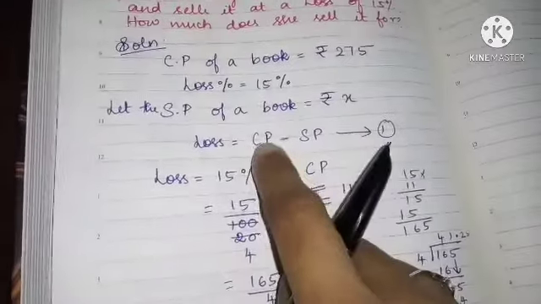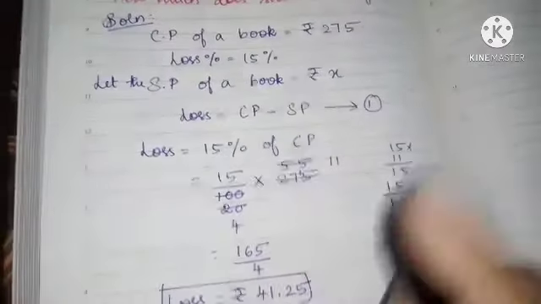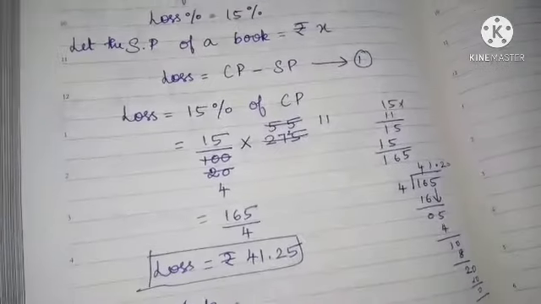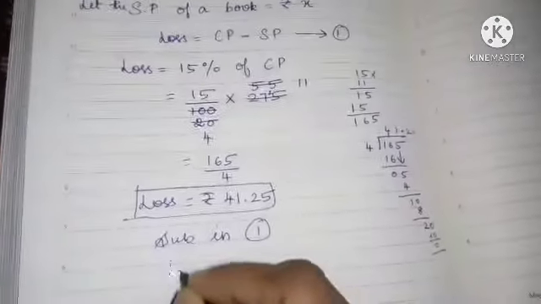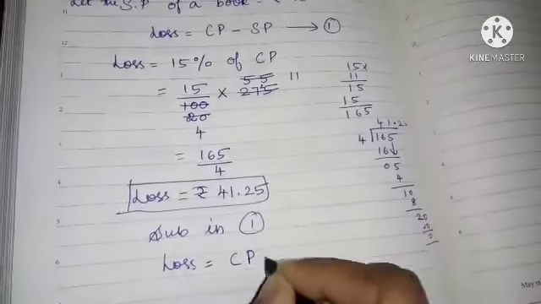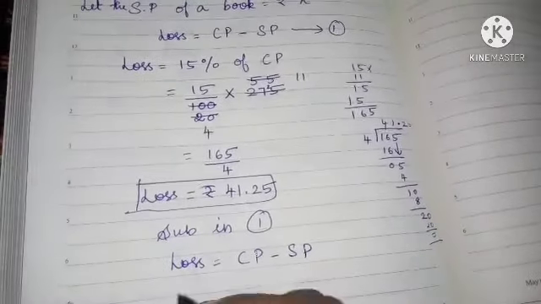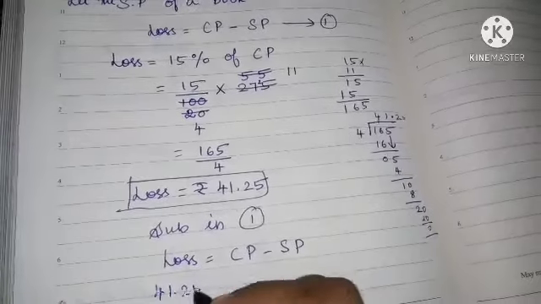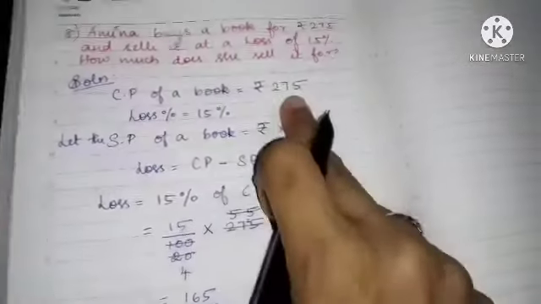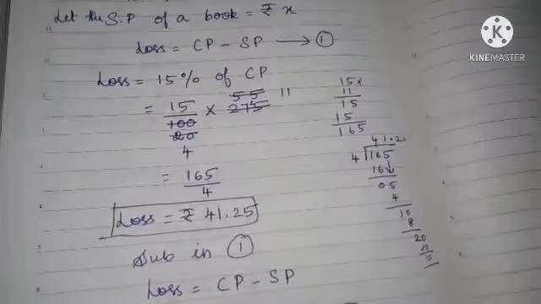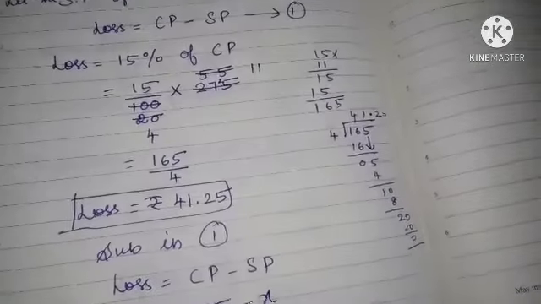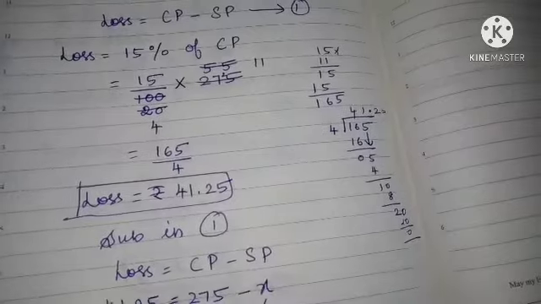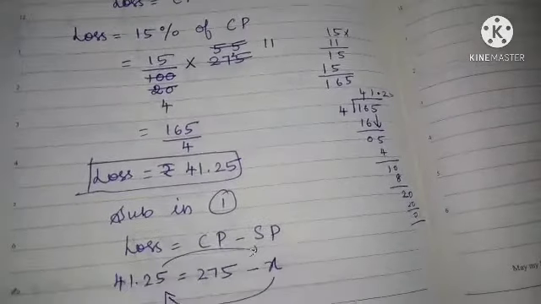So now we got the loss value and the cost price; the selling price is X. So substitute in the first equation. Loss is equal to cost price minus selling price. The loss is 41.25, cost price 275 rupees, selling price X. I want to find only X, so I am bringing this towards this side and that towards the next side.